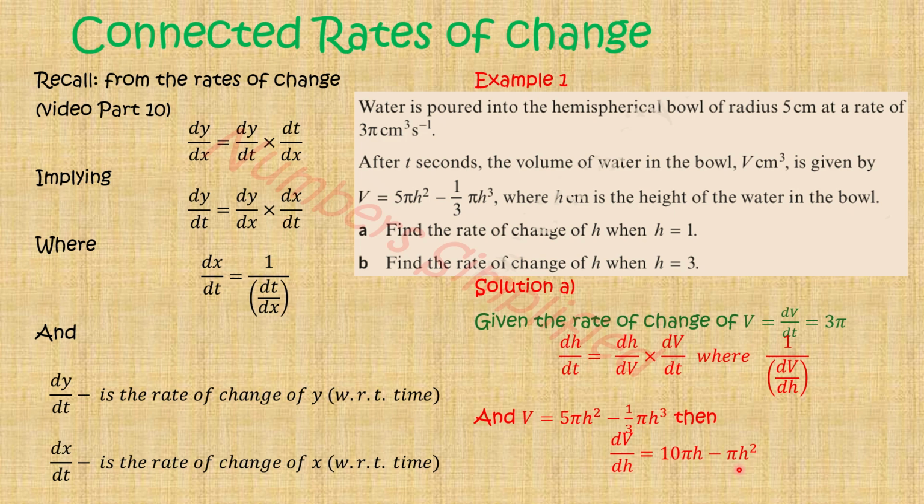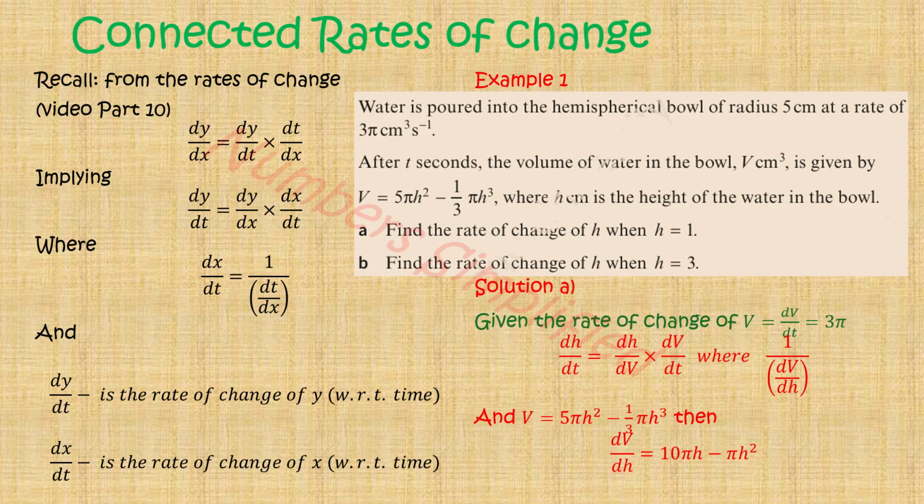Now with that, we are going to flip it over, or divide that into 1, which is the same as flipping that over. So what was the denominator becomes the numerator, and what was the numerator becomes the denominator.